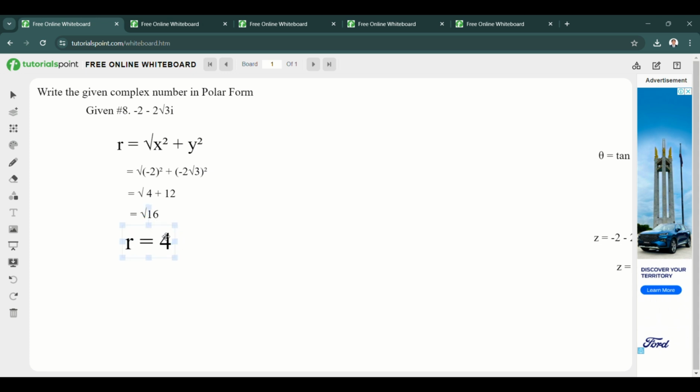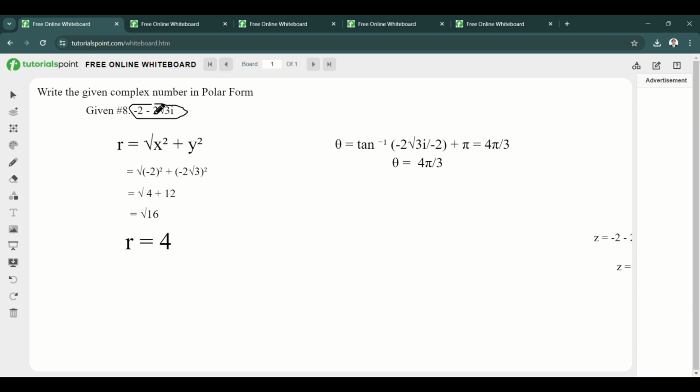So we have now the value of r. Then we need to find the value of theta, which is the arctangent of negative 2 square root of 3 over negative 2, which is y over x, plus pi, because if we look at this equation, we will see that negative 2 is here, while negative 2 square root of 3 is also here.